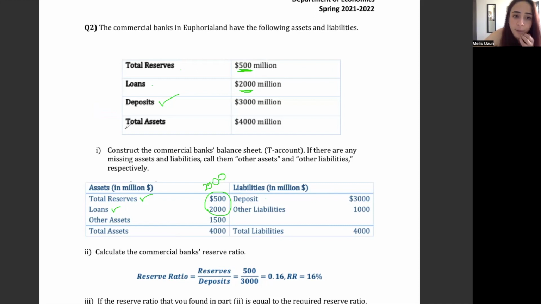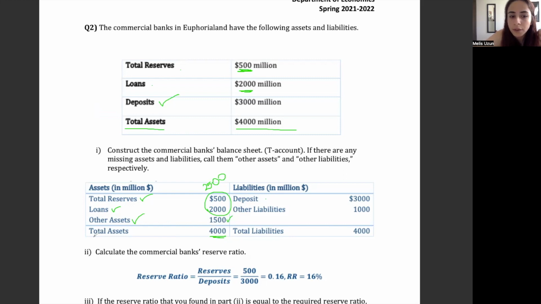But it gives us the information that total assets is equal to 4,000 million. So we need to have 1,500 million other assets, because they need to sum up to 4,000. So we write other assets, and it is equal to 1,500.